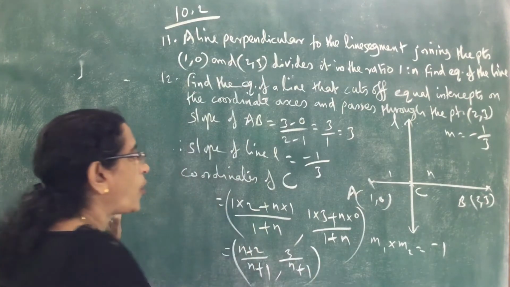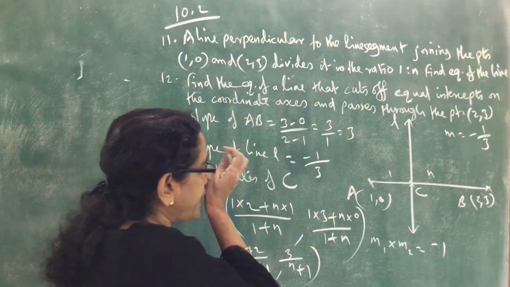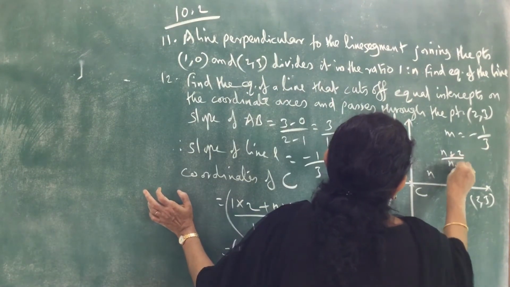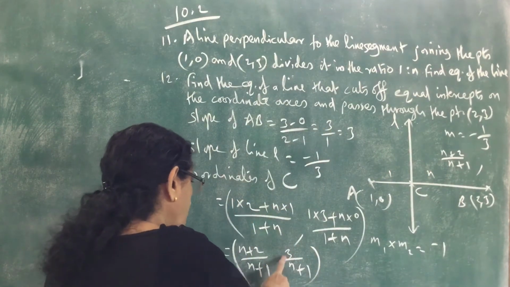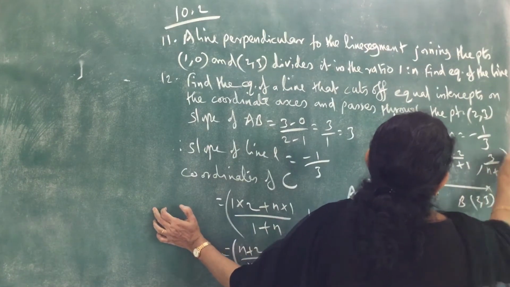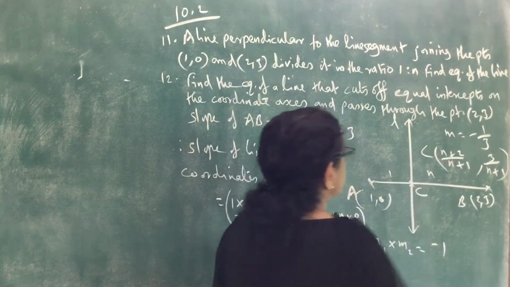So C is ((n plus 2) by (n plus 1), 3 by (n plus 1)). That is the coordinate of the point C.